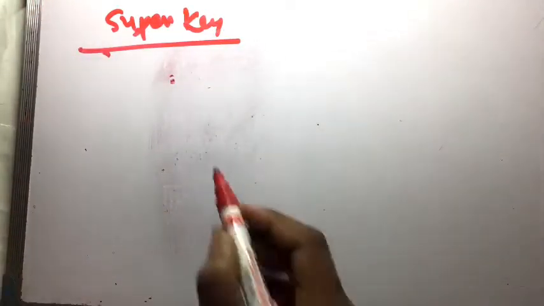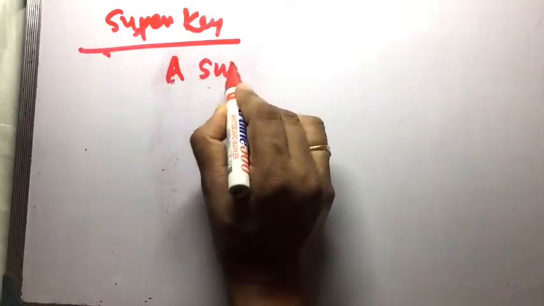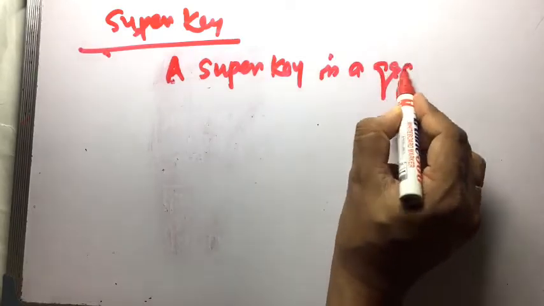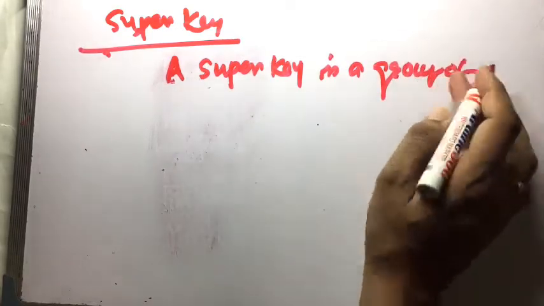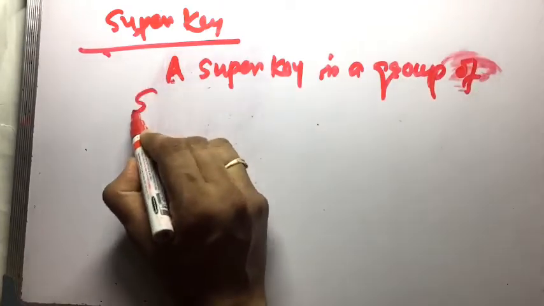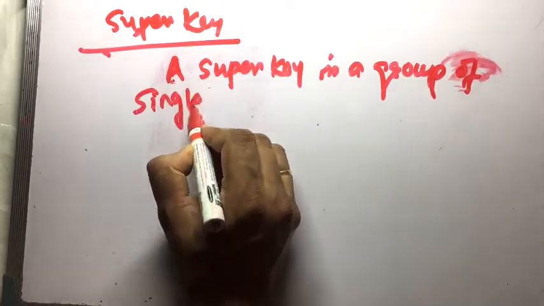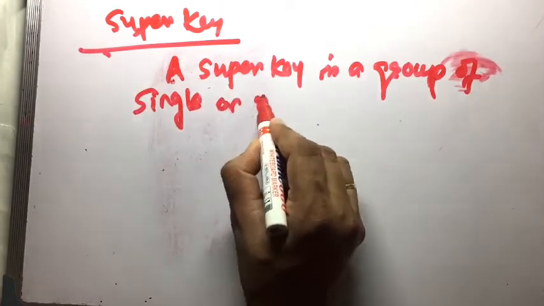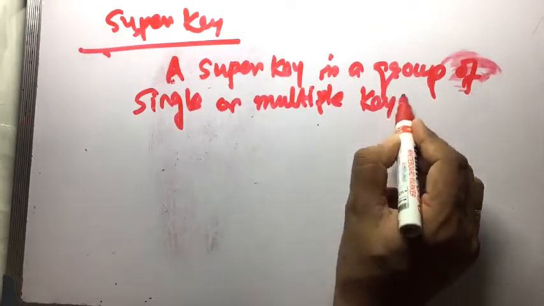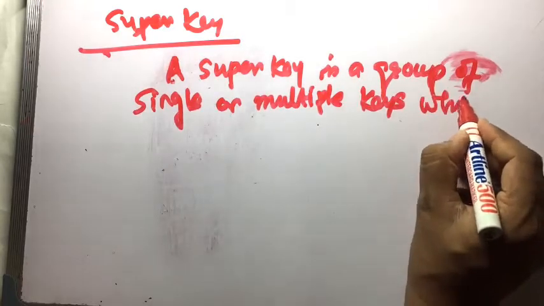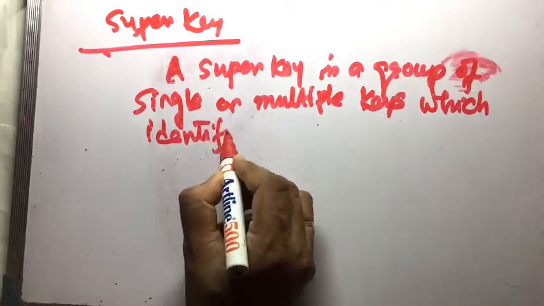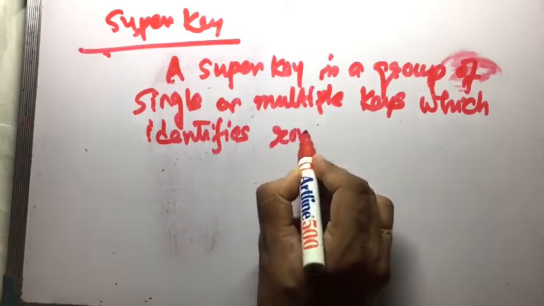First of all, what is a super key? A super key is a group of single or multiple keys which identifies rows in a table.